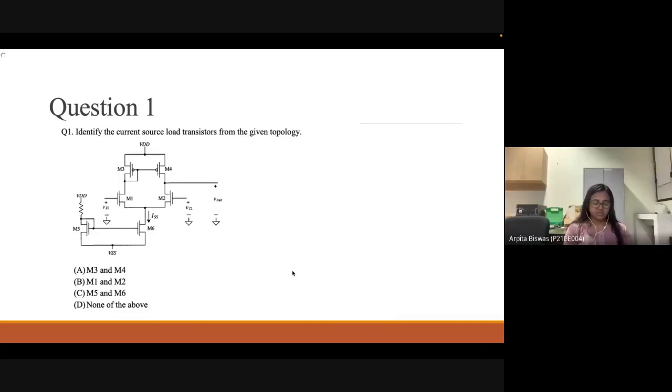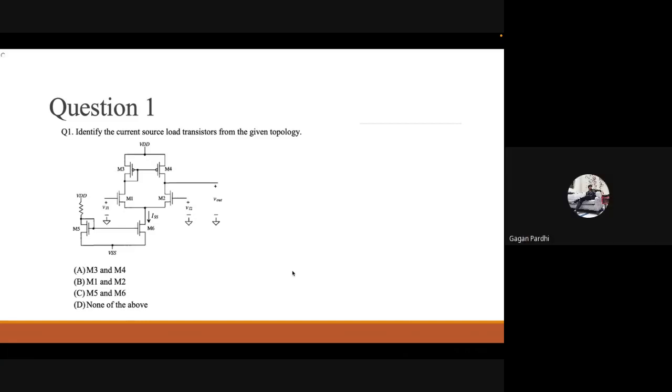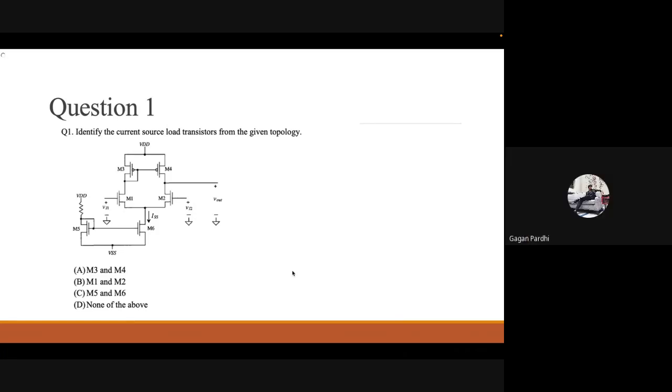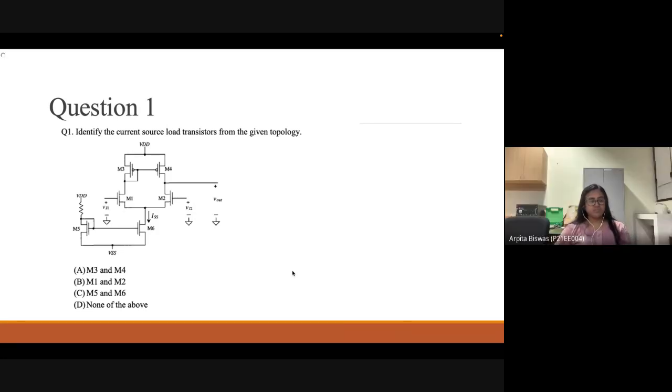So what is the right answer, Gagan? Ma'am, I'm sorry. Sorry, you are not audible. Ma'am, I'm still solving the question. Okay, take your time. Identify the current source load transistor from the given topology.